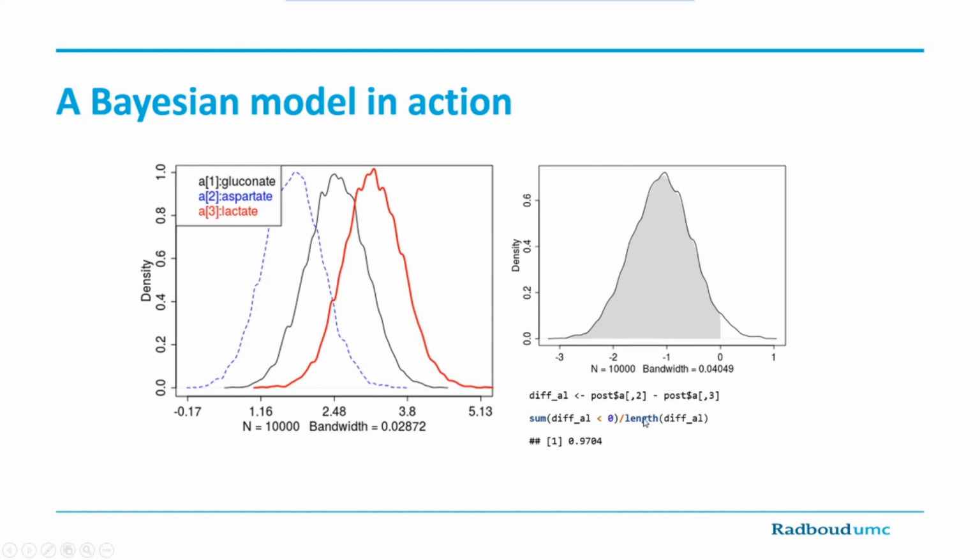You divide it by all of the observations, so there are 10,000 observations here, so you count the number of times that the difference is lower than 0, you divide it by 10,000, and you get a probability. And here you're saying there's a 97% chance that the magnesium concentration will be lower when you use aspartate compared to lactate. Bam, that's your answer. And that's actually a substantive answer. There's no p-values here. This is just the answer, period.